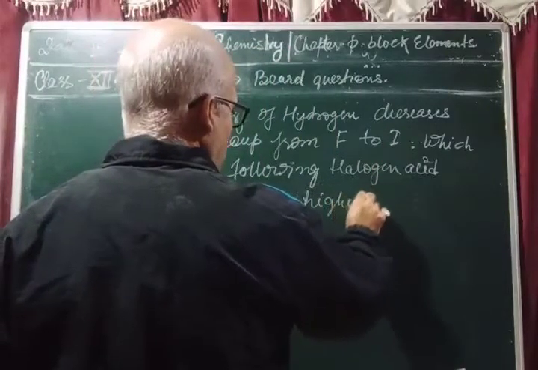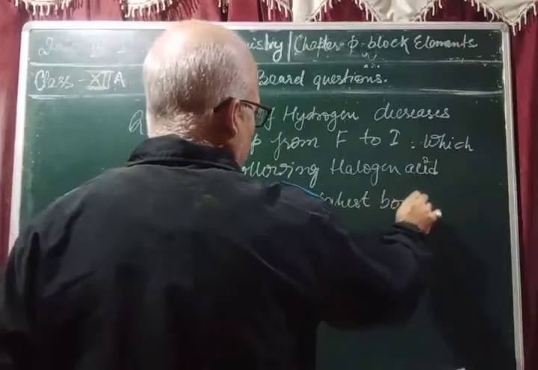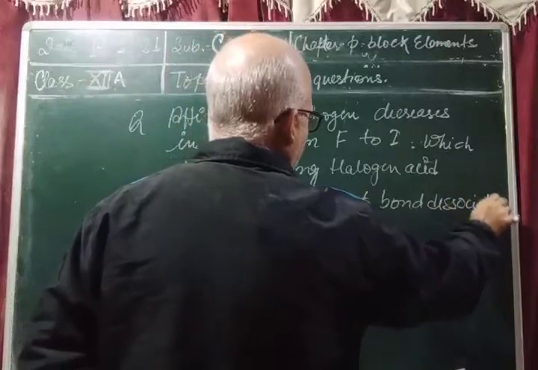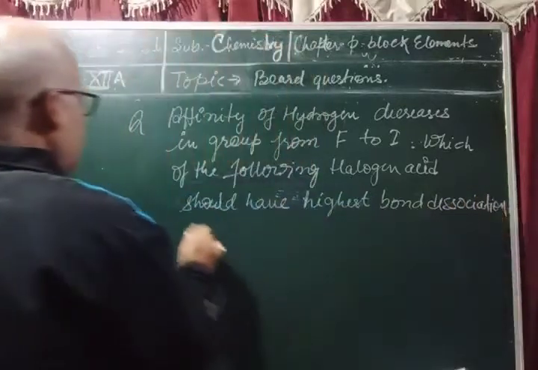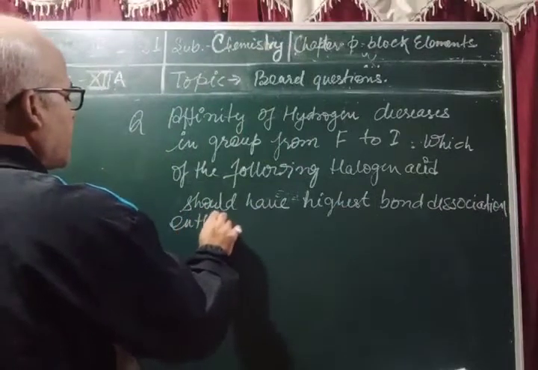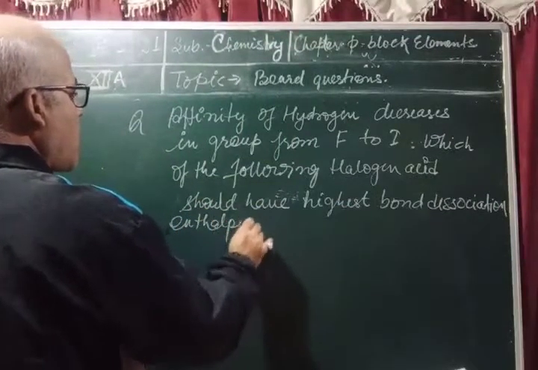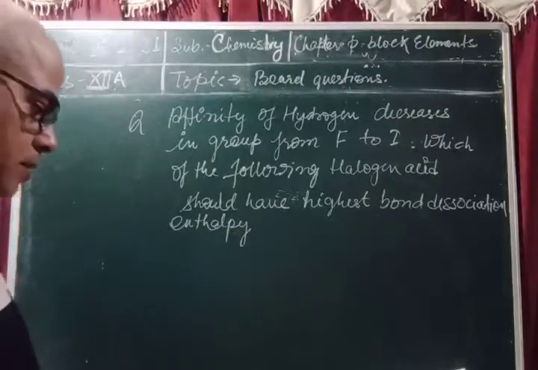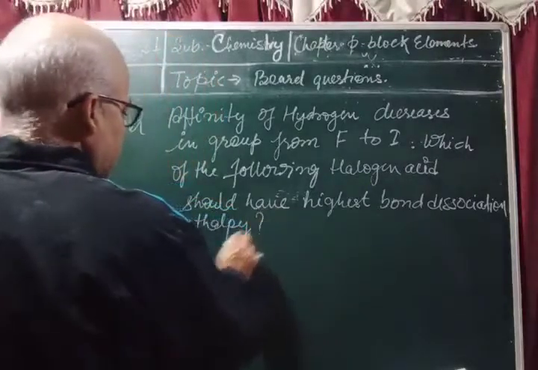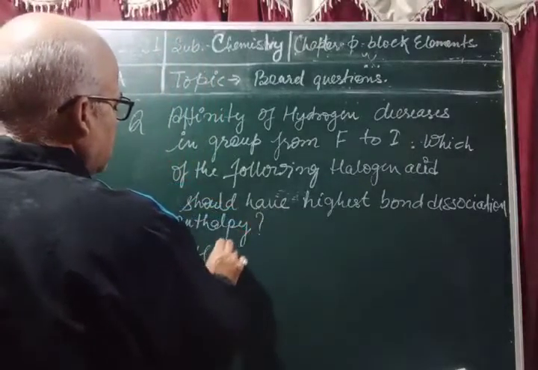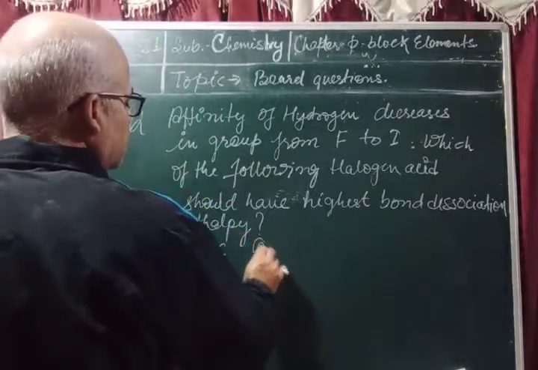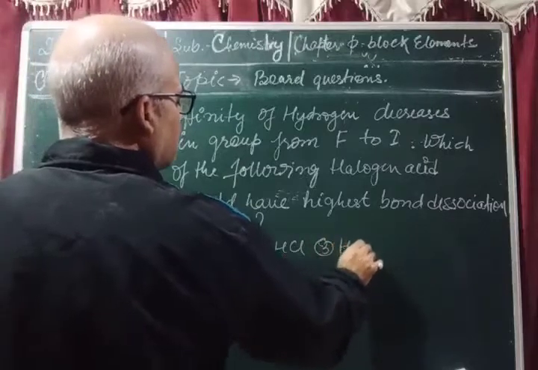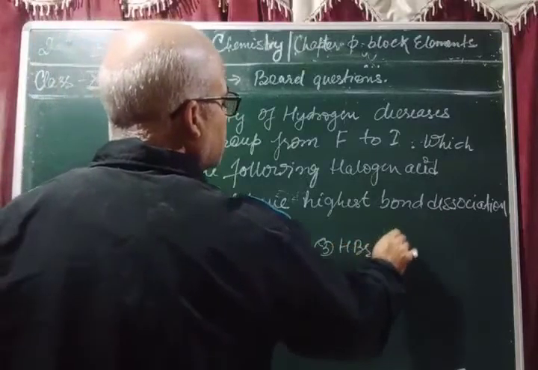Highest bond dissociation enthalpy. Question mark. First option is HF, second HCl, third HBr, and fourth is HI.